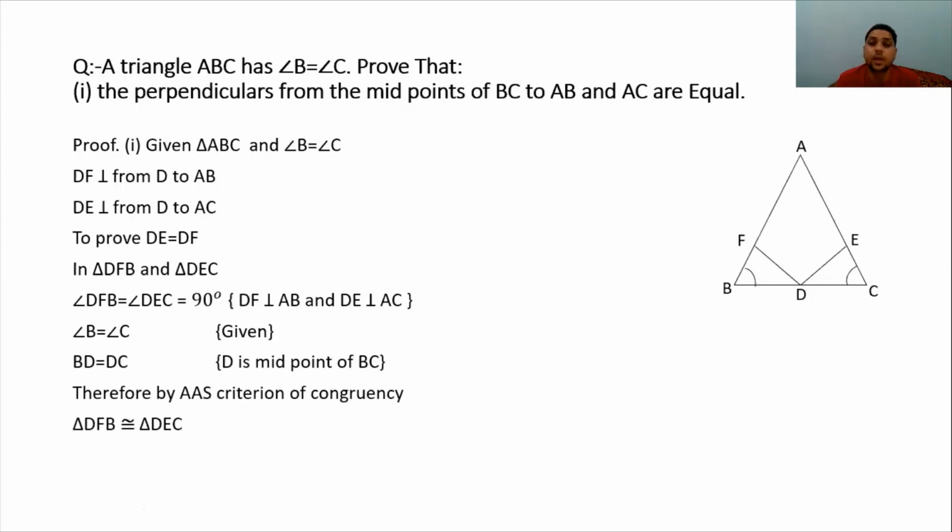When we say the triangles are congruent, that means their corresponding parts are also congruent. So by CPCT, DE is equal to DF. This side is equal to this side, because these two triangles are congruent to each other.